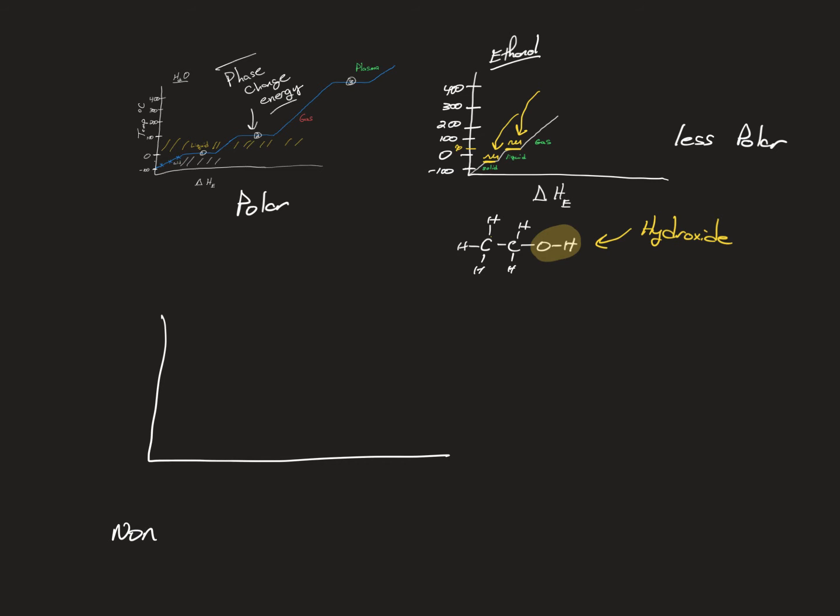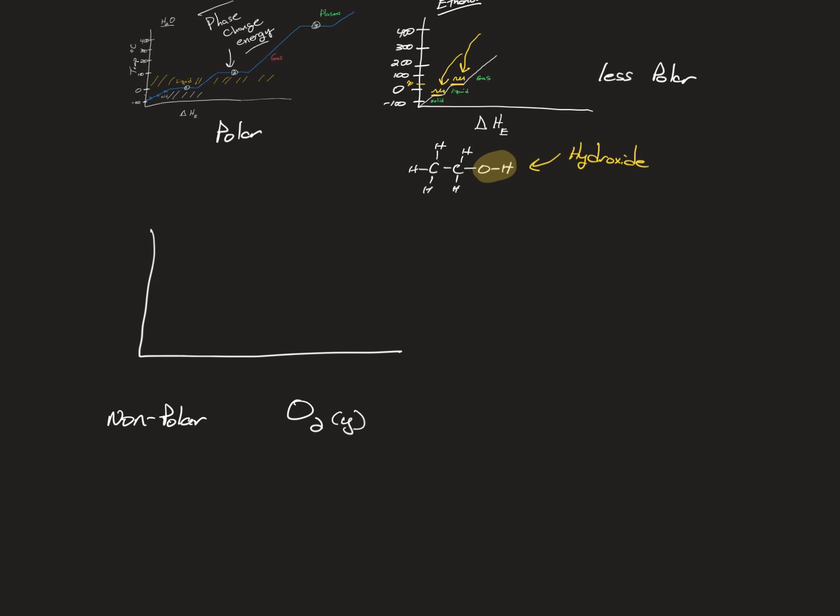I'm going to pick a molecule that everybody's familiar with, oxygen gas. You breathe it in every day, you need it to live. Oxygen gas is just this. Completely nonpolar. If I did the electron dot, it would look like that.